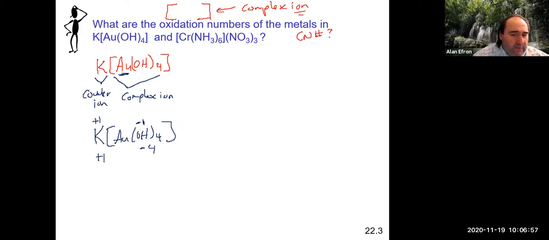Remember that when we have a coordination compound, it's always the positive guy, then the negative guy. And very much like an ionic compound, they need to balance each other out to 0. That means the gold here should have an oxidation state of +3 in this particular case. So the gold should be a +3 in terms of the oxidation state. First off, any questions on that?